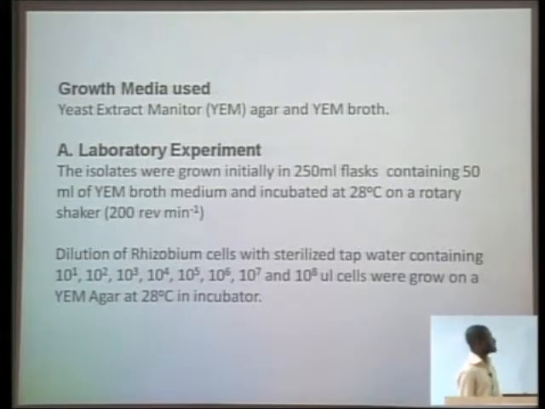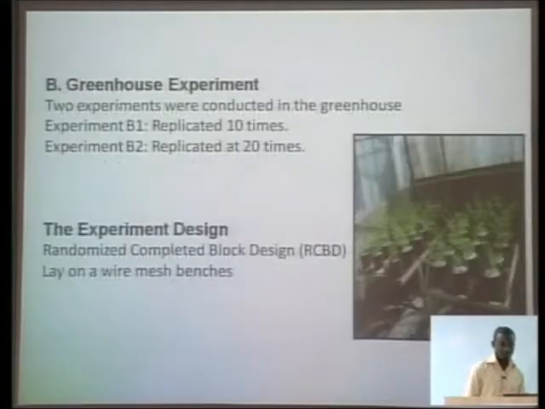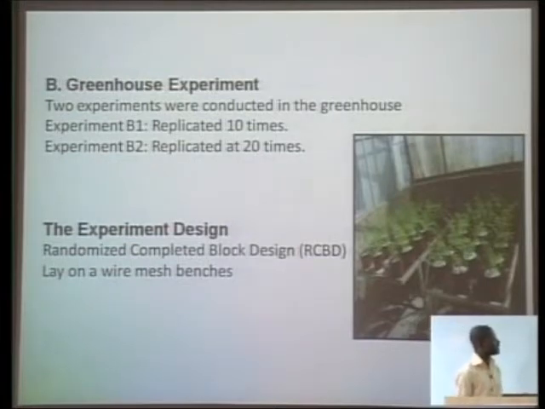Later, this medium was used to inoculate other media, and a dilution of rhizobium cells in sterilized tap water, containing 10^1 up to 10^8 cells, was grown on YEM agar at 28 degrees Celsius in an incubator. And then later, the isolate was taken into a greenhouse to check for its effectiveness.